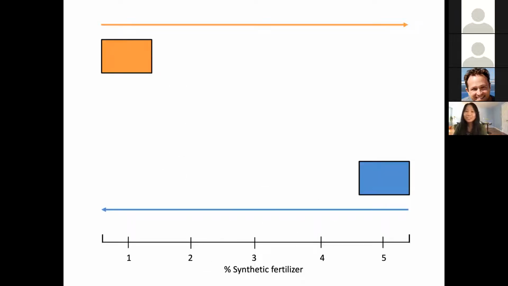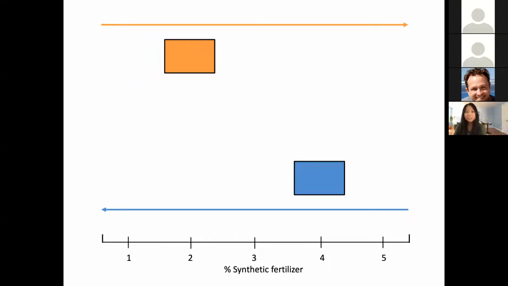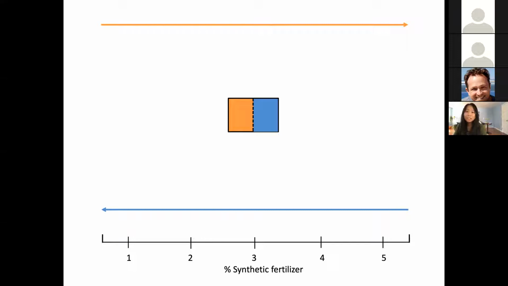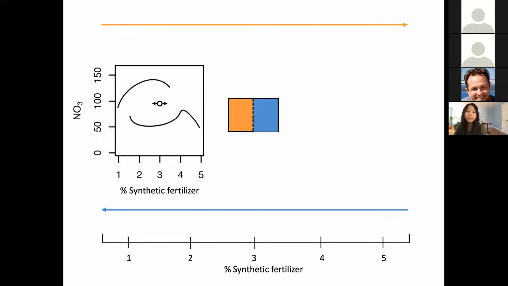So I devised an experiment where our trays were transitioned forwards and backwards at the same time. And so when they reached this mid synthetic fertilizer level, we mixed the forward and backward trays 50-50. And we did this so we could force an initial condition that would lie in between these two alternative states.